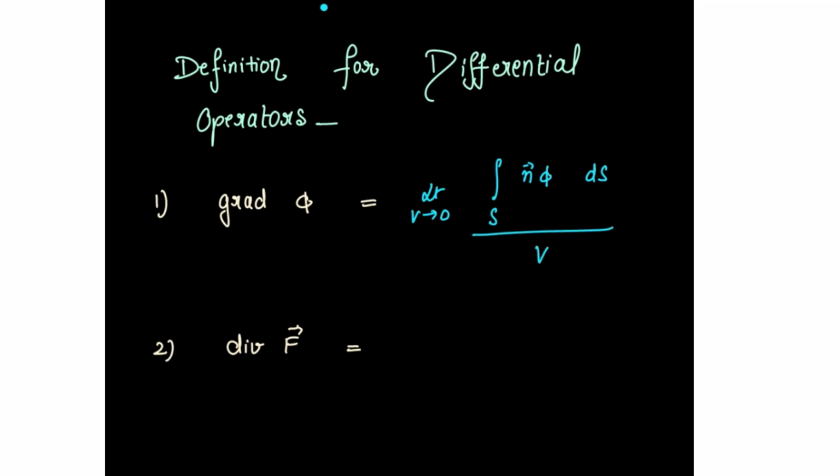Then the divergence of f vector, that is limit v tends to 0 of the surface integral, because it is a divergence, so we write the dot product of n vector with f vector dS divided by v. Similarly, for the curl of f vector, we write limit v tends to 0 of the surface integral of the cross product of n vector with f vector dS divided by v.